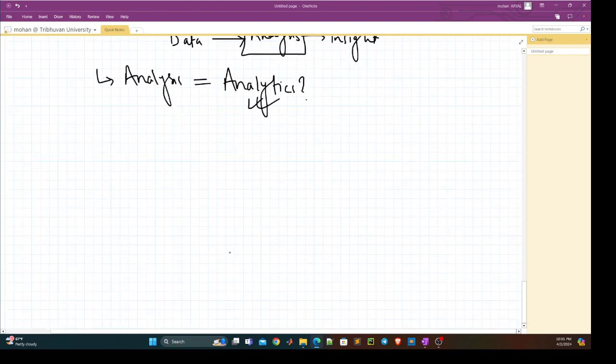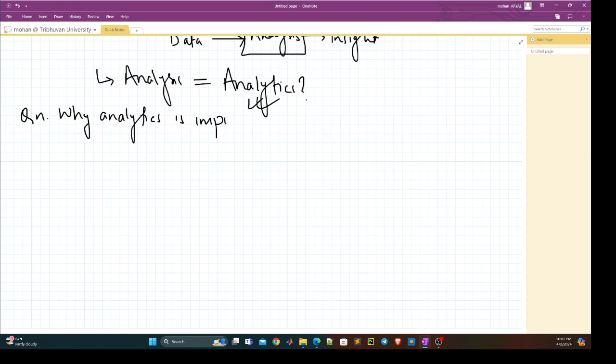So let's move to why analytics is important. That's going to be our next concern. Why is analytics even important, right?